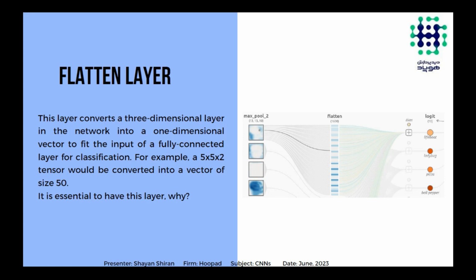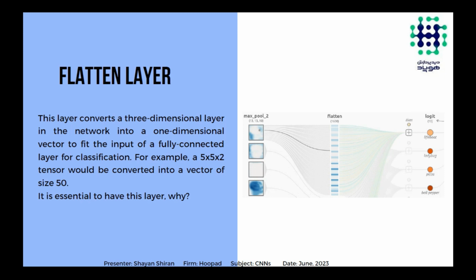So we flatten the outputs, for example here, of a pooling layer into a one-dimensional layer, one vector, actually.